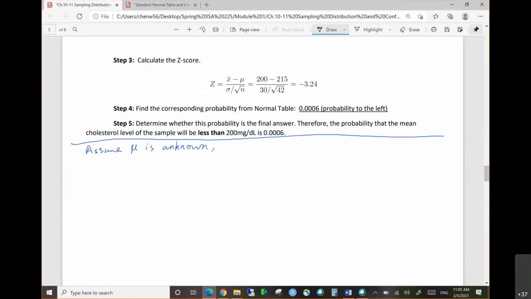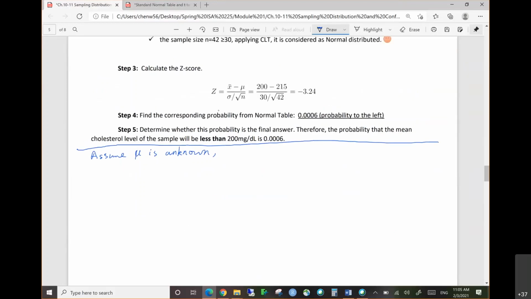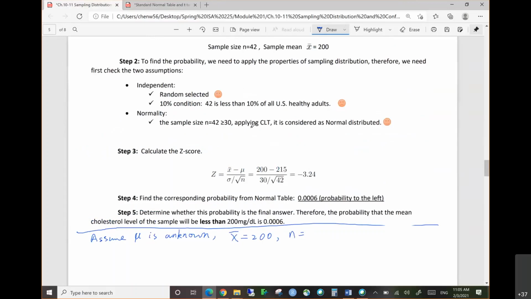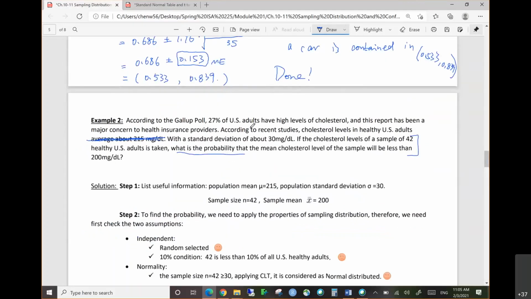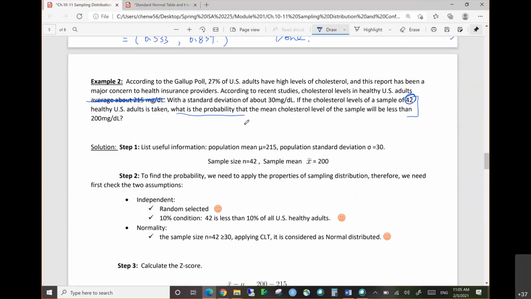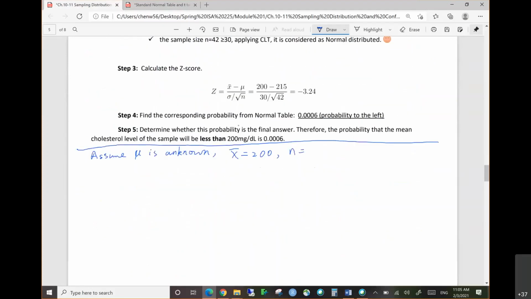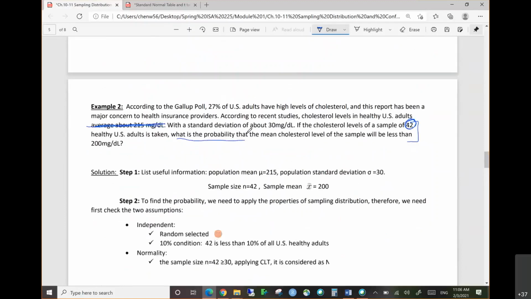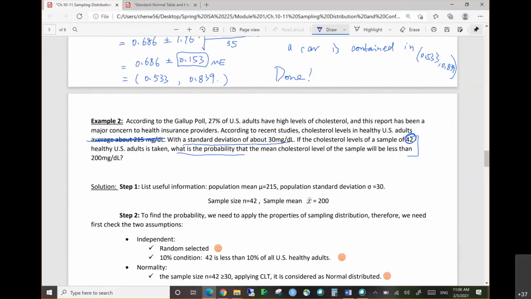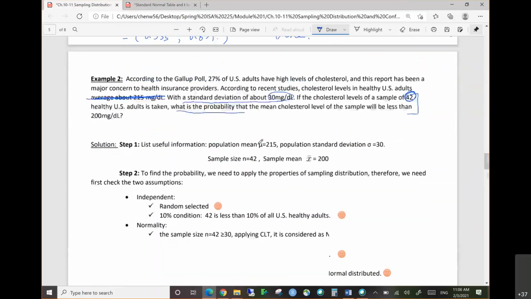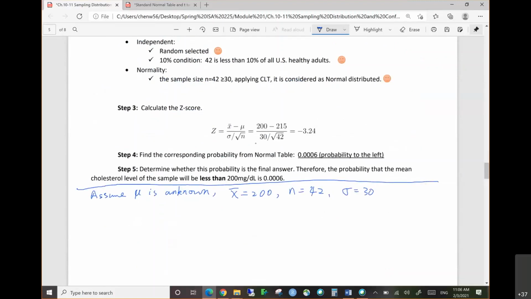Instead, we have the sample mean, which is 200. We have the sample size, 42. And let's say the population standard deviation is given, so in this case the population standard deviation sigma is 30.